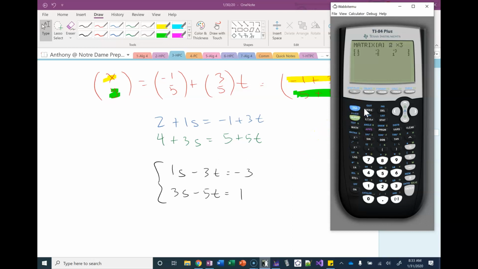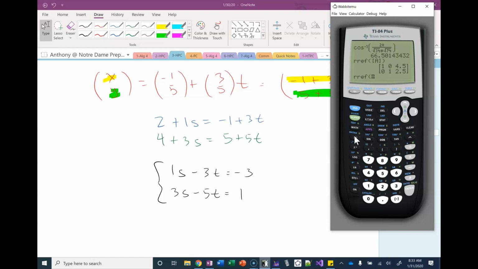I'm going to exit out of my menu now, returning to the home screen. And then I'm going to go back into my matrix menu, but this time I'm going to the Math tab. And from the Math tab, I'm going to select the matrix command RREF. I went back to the matrix menu. I went to the Math tab and found the command RREF. It's way down there.